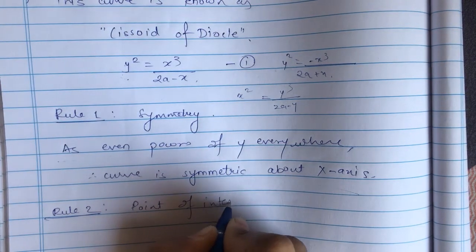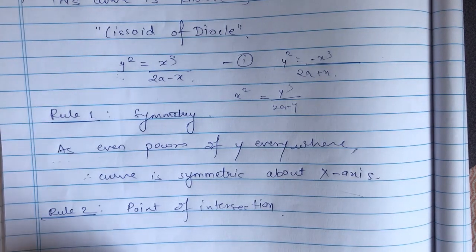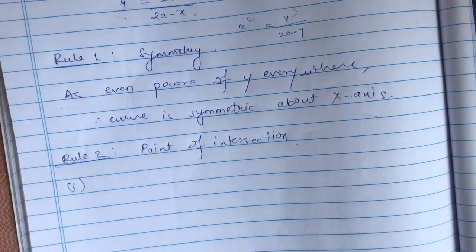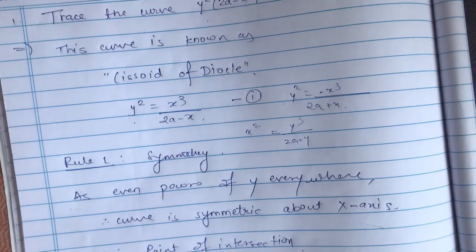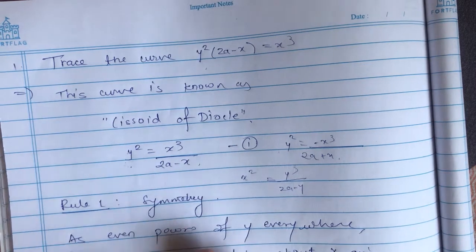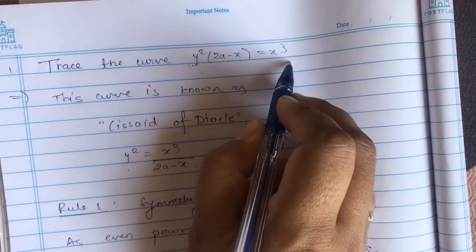So what is point of intersection? First one, we need to check whether it passes through the origin. What is the condition for passing through origin? The equation should not contain an absolute constant. So does this equation contain an absolute constant?